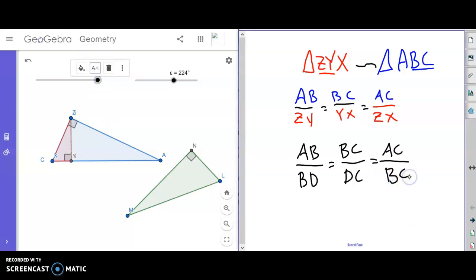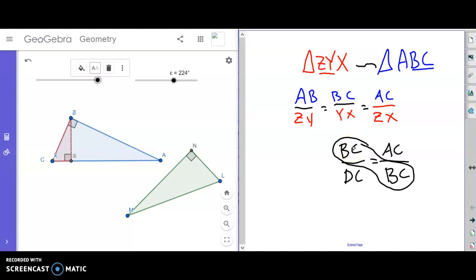What I want you to look at for a second is what's interesting in here. If we don't look at this one, I have BC and BC. I have the same value on the top of this numerator that's on the bottom of that, just from our similar triangles.